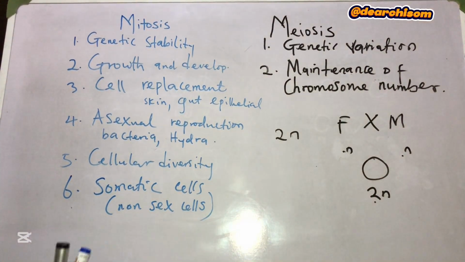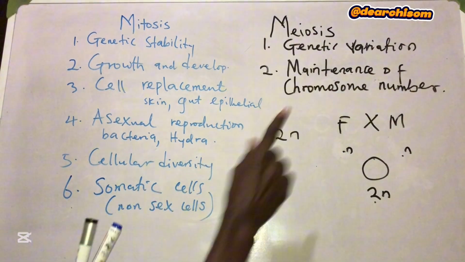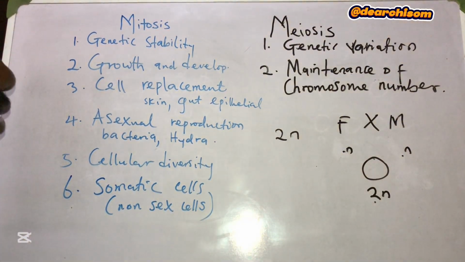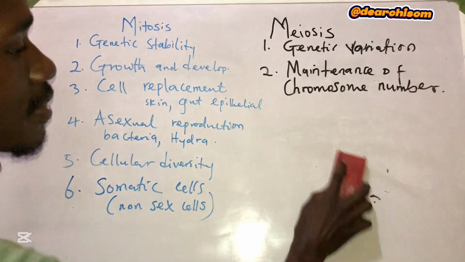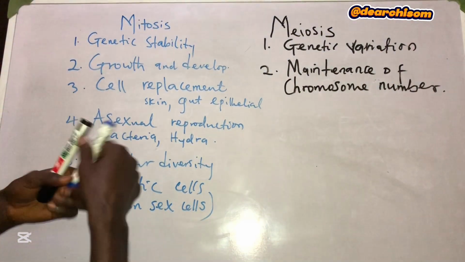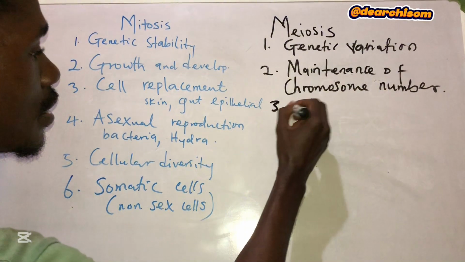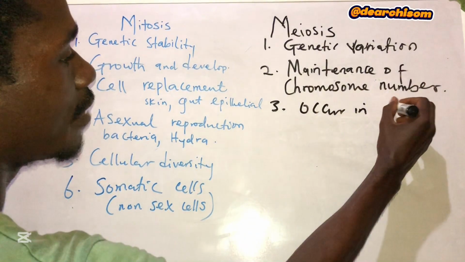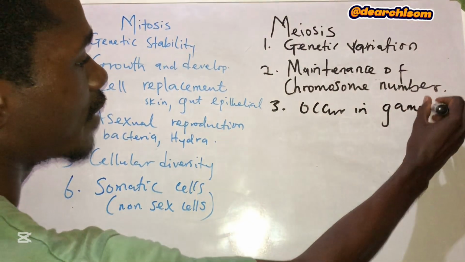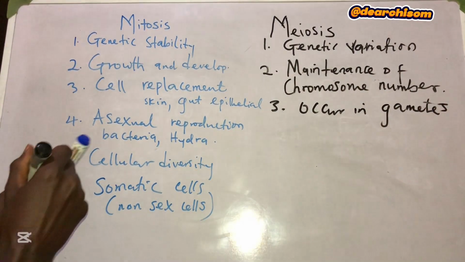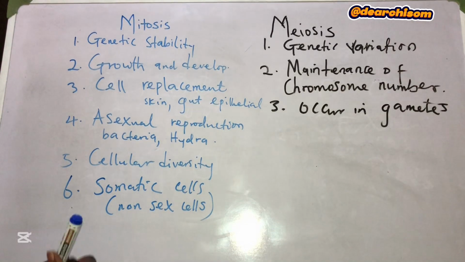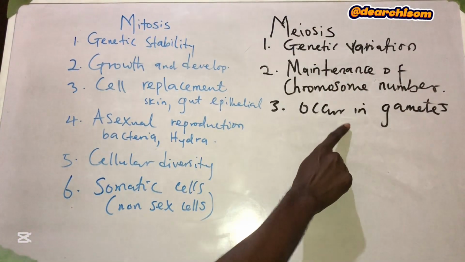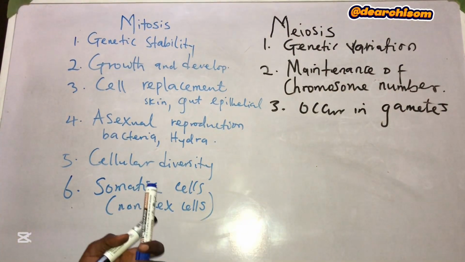The blood is a somatic cell. While meiosis occurs in gametes. Okay, so let's just include that. Meiosis occurs in the formation of gametes, that is the sperm and the egg cells. So it maintains the number of chromosomes. We have just illustrated that.